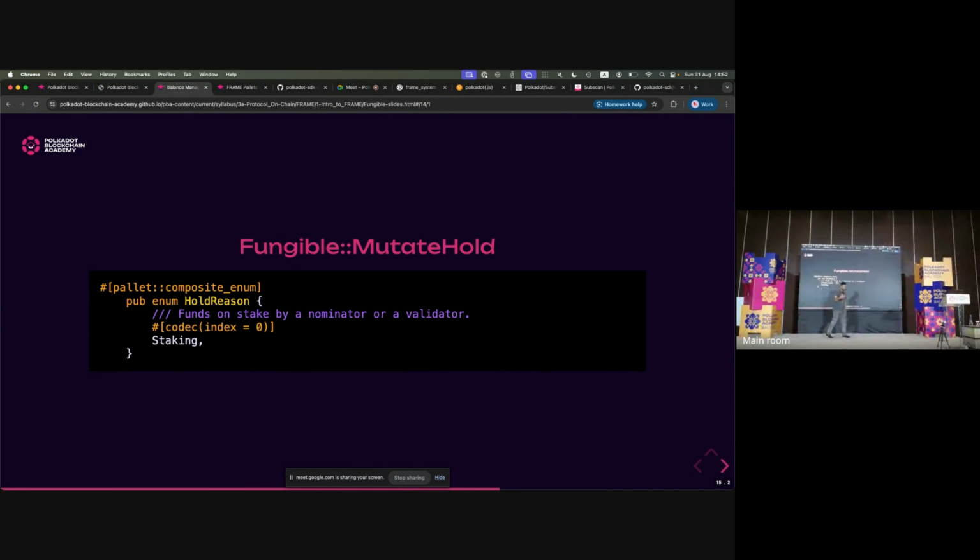It basically combines hold reasons across pallets and creates this runtime hold reason, like how you saw runtime call and runtime events. You give some enum variant, and this will be your reason for the hold. For every pallet it's always unique. You cannot have a collision in hold reason.